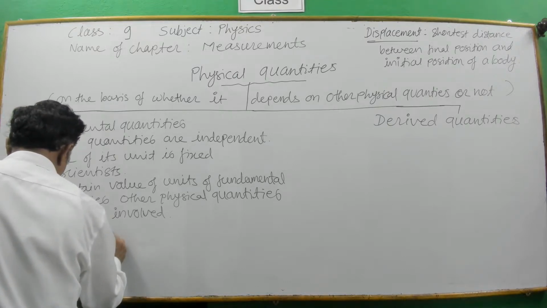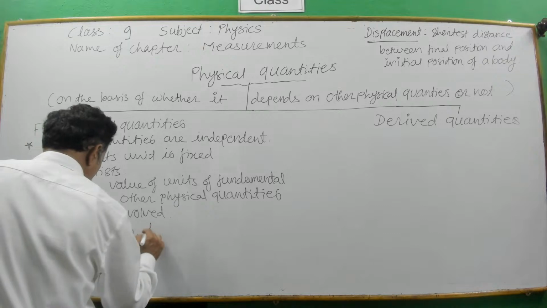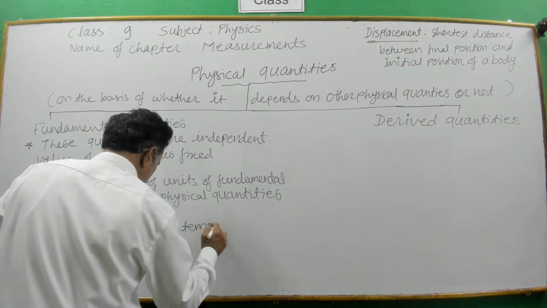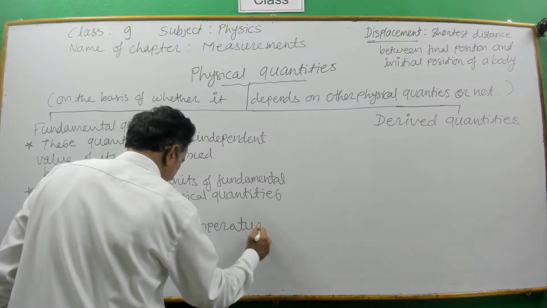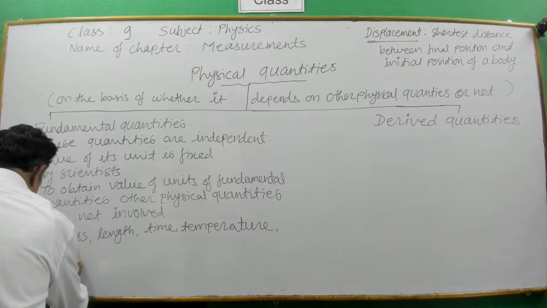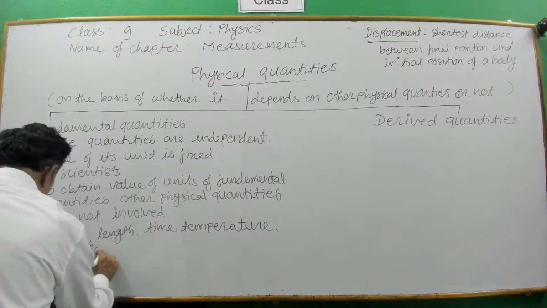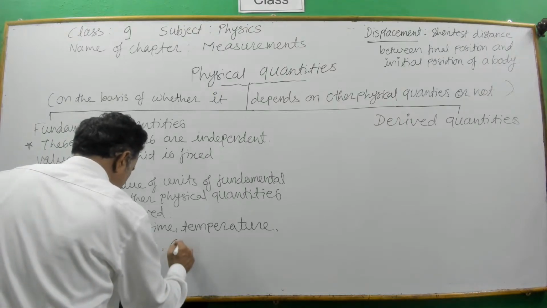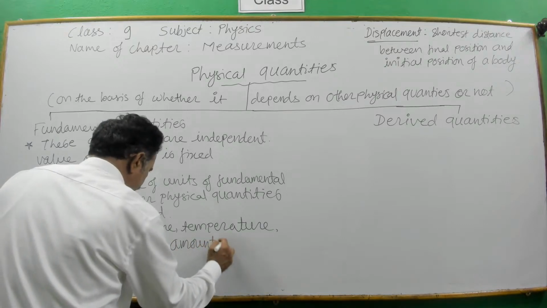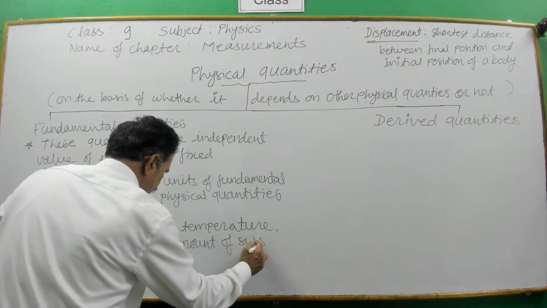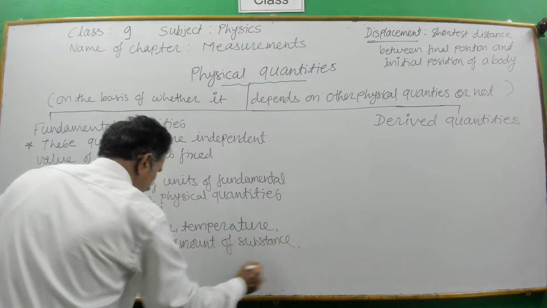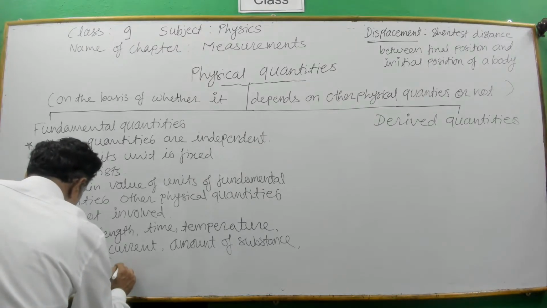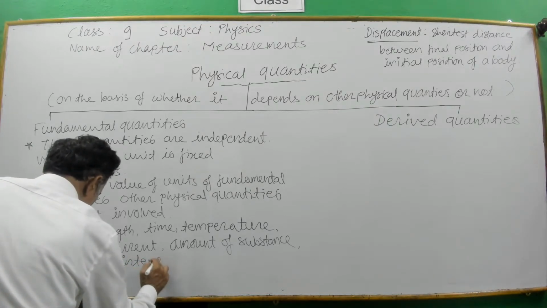Examples: mass, length, time, temperature, electric current, then amount of substance, luminous intensity.